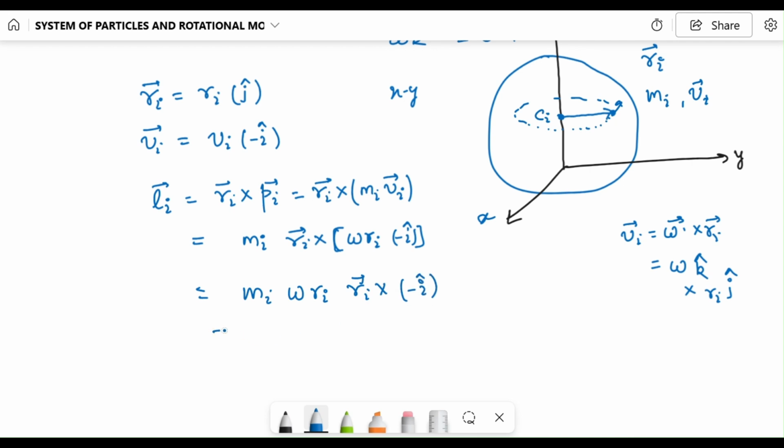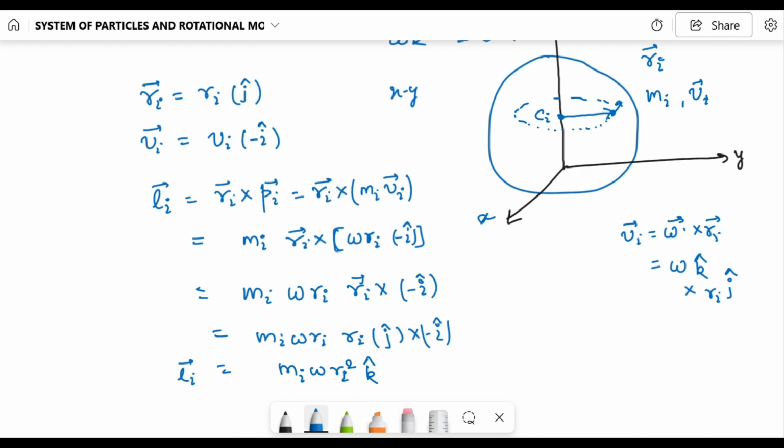Again we can write mi omega ri, where ri is the magnitude and its direction is j cap, cross minus i cap. Ultimately it will be mi omega ri square, and j cross i will be minus k cap, giving k cap overall. So Li can be written as this.